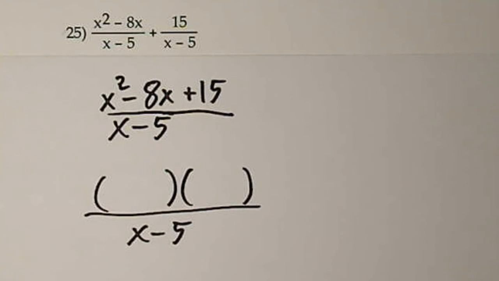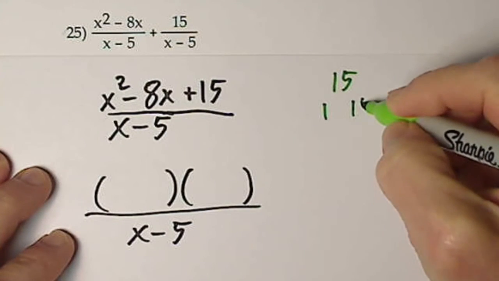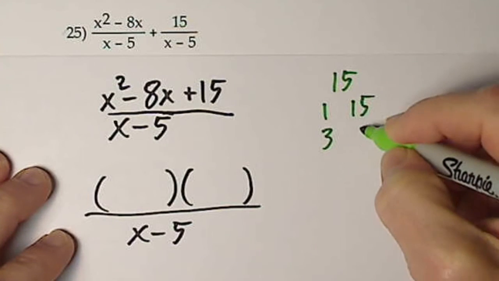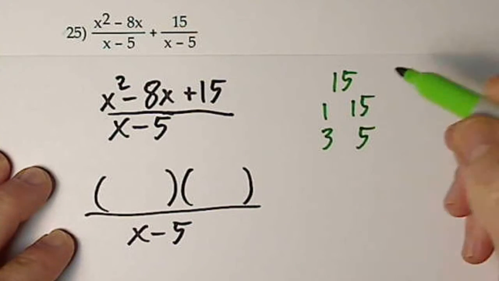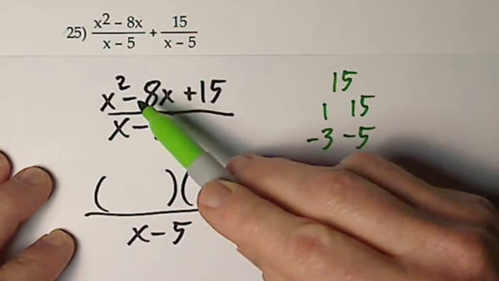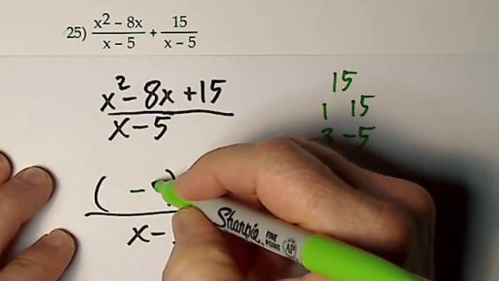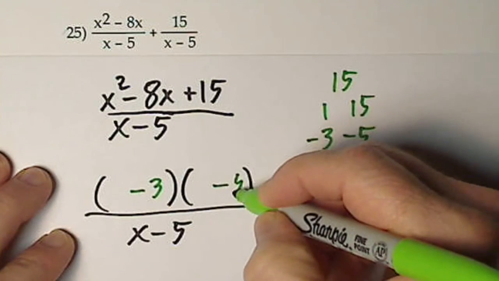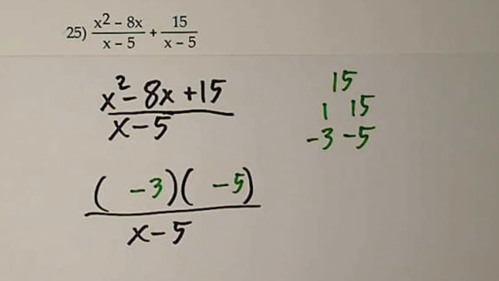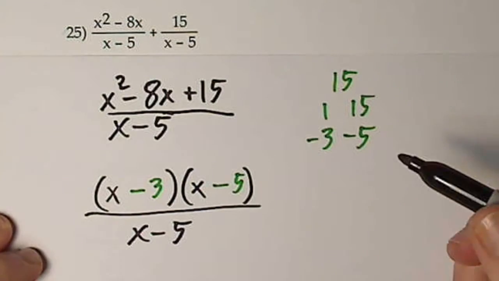and we'll get some color in here. So your 15 can be written as 1 times 15 or 3 times 5. If they were both negative, that would give you a positive 15 and a negative 8x. So you'll have negative 3, negative 5. For the x squared, you'll take care of that simply with an x and an x.